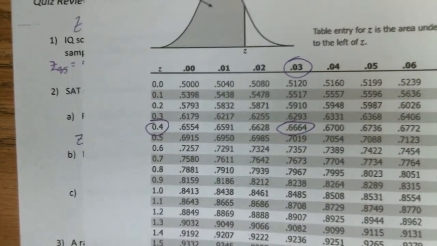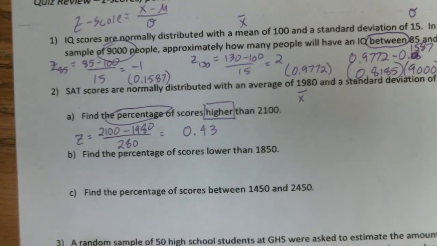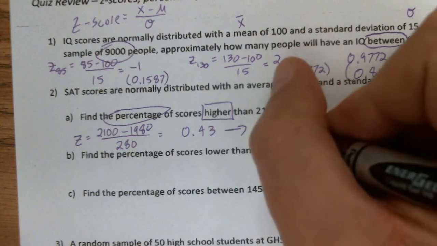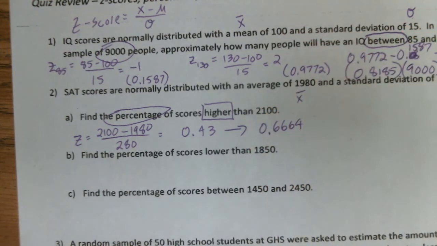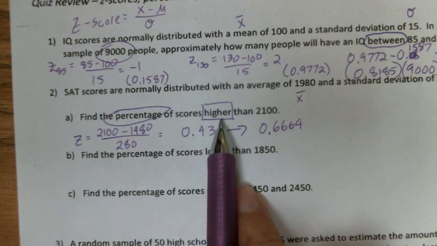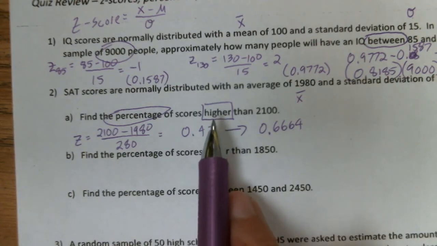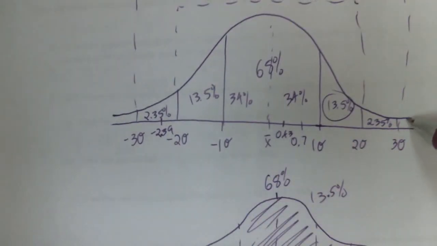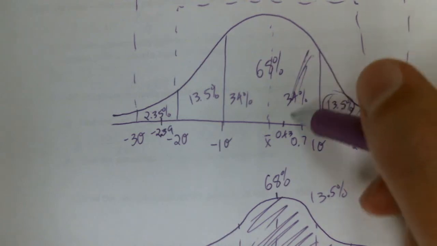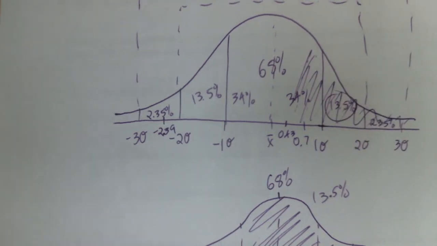So this corresponds to a percentage of 0.6664, but it says higher. Remember, guys, when it says above, higher, more than, if we're sitting here at 0.43, I want all these people higher than that, to the right.